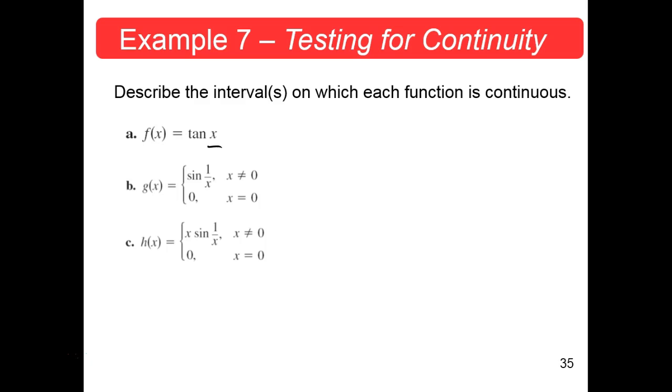g of x is a piecewise defined function. It's sine of 1 over x when x is not equal to 0, and it's 0 when x is equal to 0. Is that continuous everywhere? Or no, it says describe the intervals over which that is continuous.